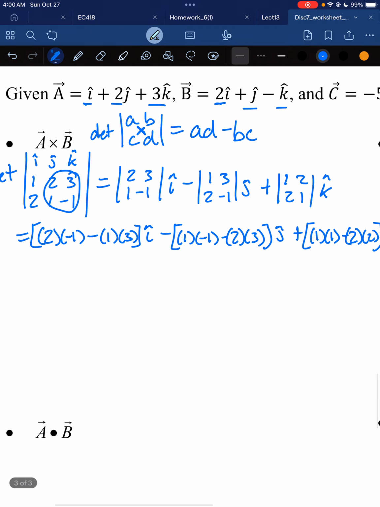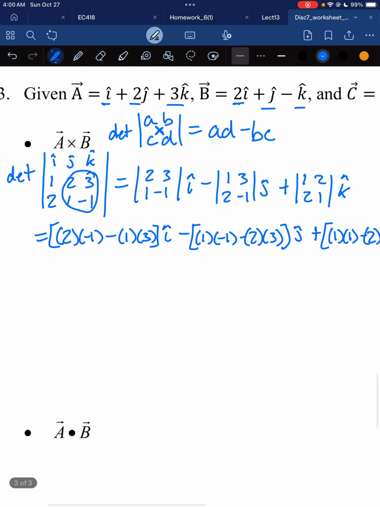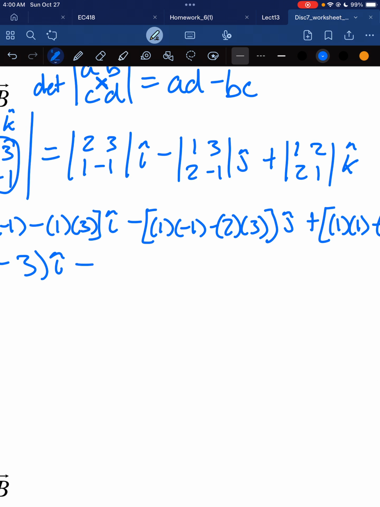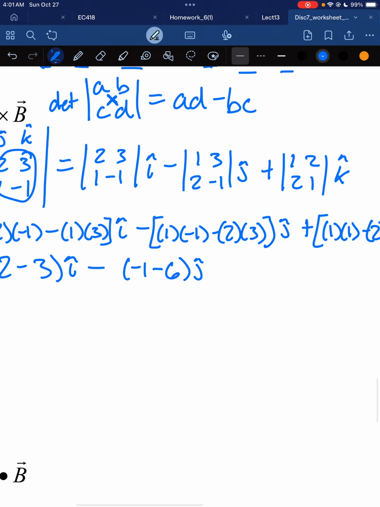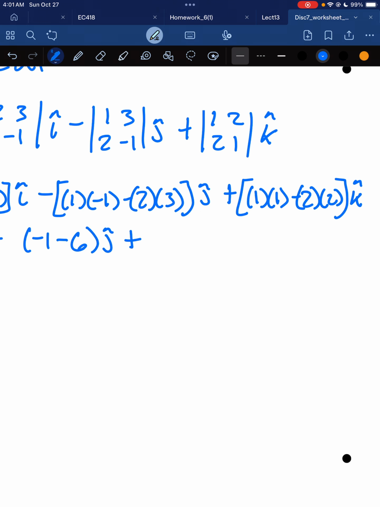And now we just do the math. Oh, this is -2 minus 3 for i hat, minus 1 times -1 is -1. So that's -1 minus 6 for my j hat component. And then I'm going to have 1 times 1, that's just 1, minus 2 times 2, which is 4, so 1 minus 4 for my k hat.